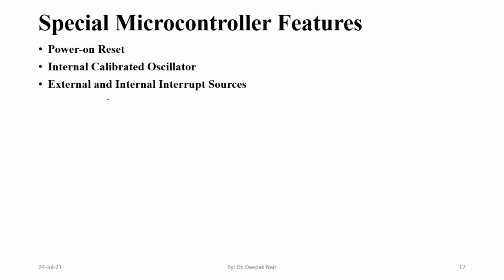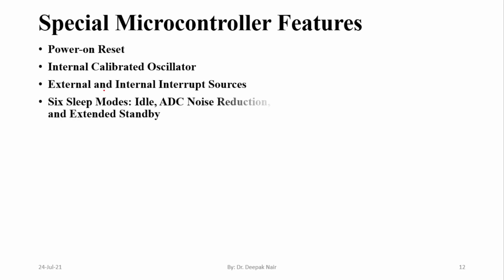So some of the special features of the microcontroller are listed here. We can have power on reset. That means the moment you provide the power, it automatically goes to the first reset mode and then starts the execution of the program. It has got one internally well calibrated oscillator. So even if you don't connect any external oscillator, you can have its own oscillator which can run your programs.